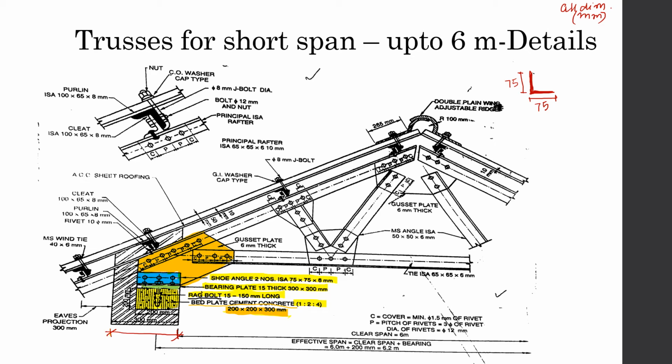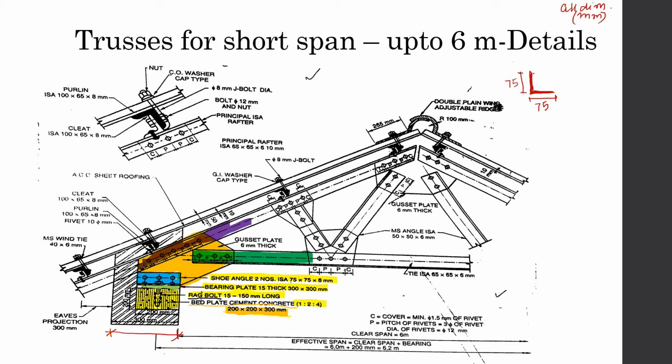Then the gusset plate and the cleats hold the gusset plate in place, and then the main tie and the principal rafter are fixed onto it. So I am going to highlight the main tie with a dark green color. This is the main tie fixed to the gusset plate, and I'm going to use the purple color for the principal rafter.